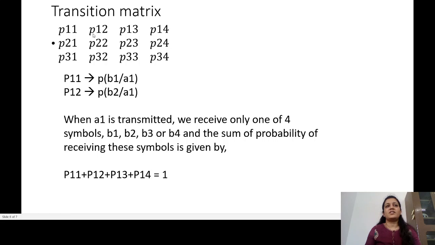Whichever has the highest weightage provides us the confidence to say that that particular message has been received. So when I consider all these probabilities and add them up, this row will give me 1. That is, P11 plus P12 plus P13 plus P14 is equal to 1. This is one of the properties of our channel matrix. This property says that the sum of each probability in a particular row is always equal to 1.